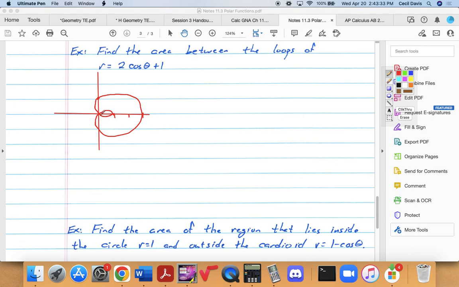It starts when it hits the pole, which means r is equal to 0. So I need to know 0 is equal to 2 cosine of theta plus 1. So -1/2 is equal to cosine of theta. Where is that? It's somewhere in the second quadrant. That's nice to know.